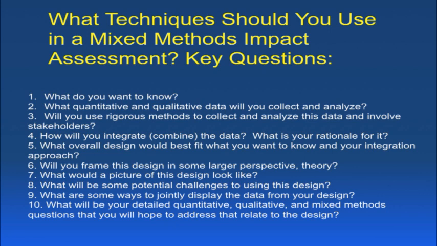For example, designing a good study aim, a mixed methods study aim, using quantitative and qualitative data, the different forms of data that we could use, using rigorous methods. And so that's adding to the systematic evaluation part, involving stakeholders.